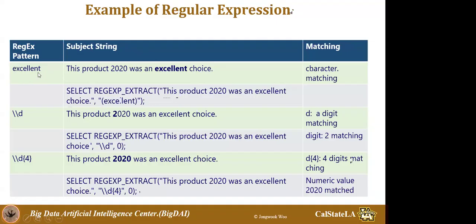Like for example, if you type in excellent in a regular expression function, then the function easily locates the substring, the word excellent. Yeah. So this is very easy, right? Let me show you, but still.